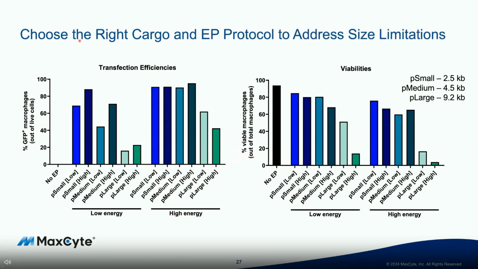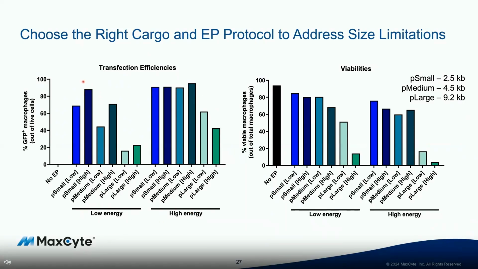Okay, so to further discuss that point about how DNA size limits transfection efficiency, this is an example of data generated by our in-house team in human macrophages with 3 DNA plasmids of different sizes ranging from 2.5, 4.5, or 9.2 kilobases. They were delivered at 2 different energies, either a low energy or a high energy, and 2 different DNA concentrations, either low or high.